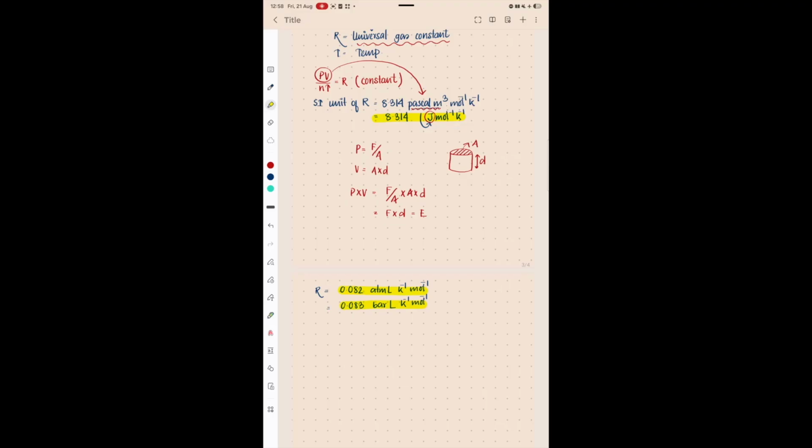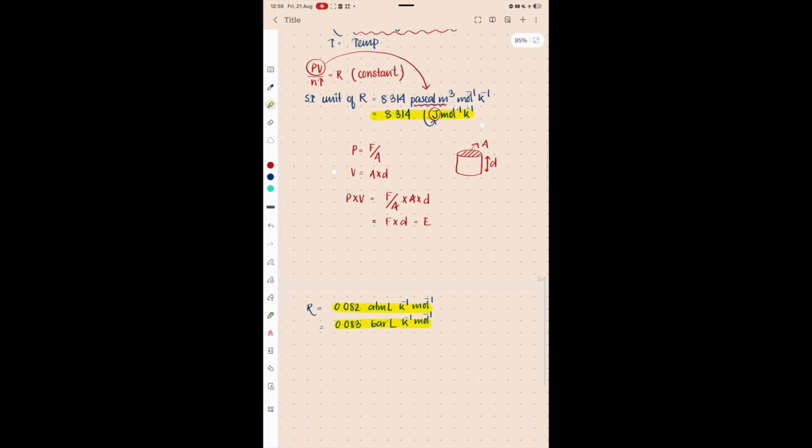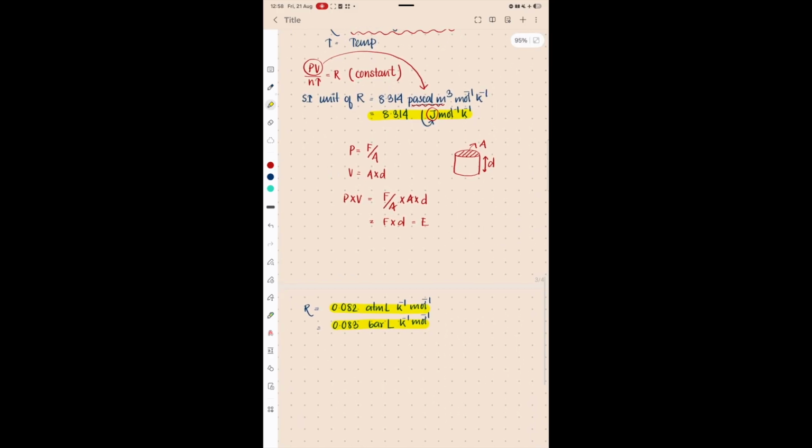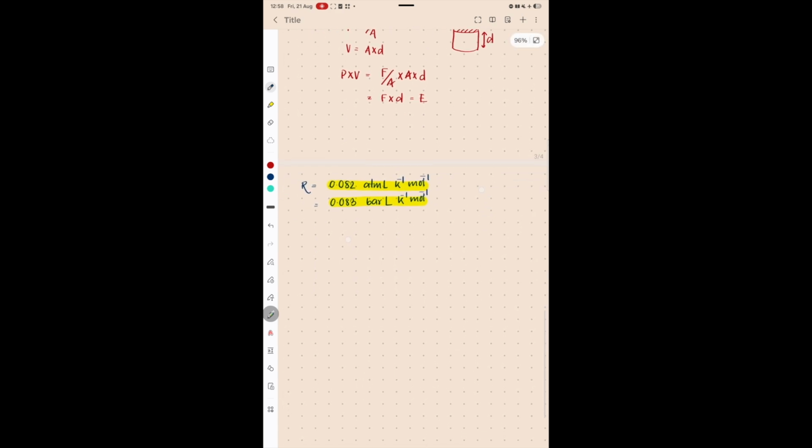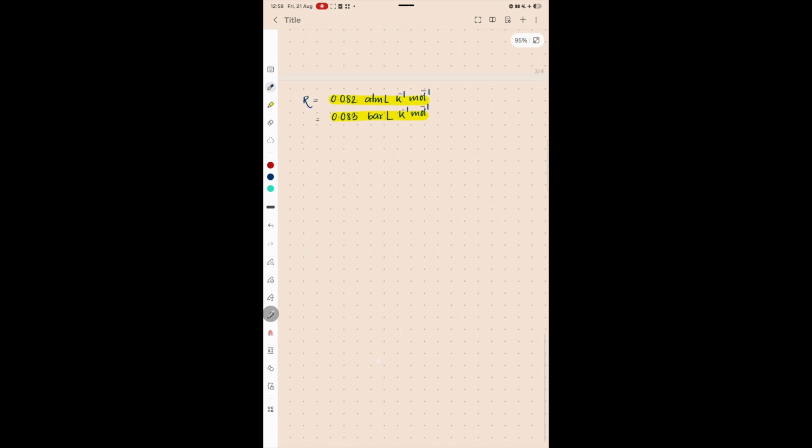Okay, so now where we were, we already derived that PV by NT is actually constant. So let's say I have two states of gas.